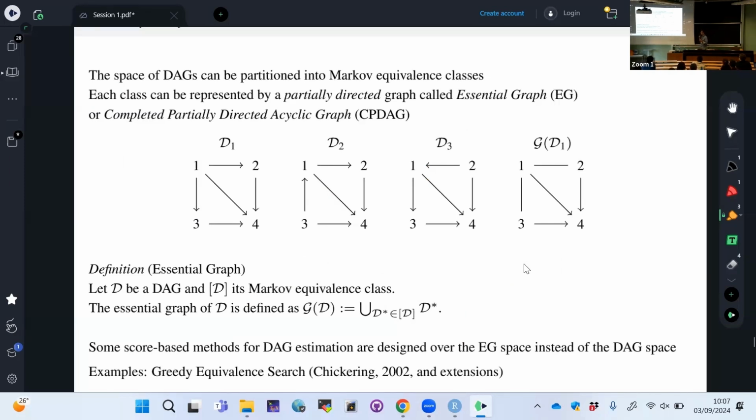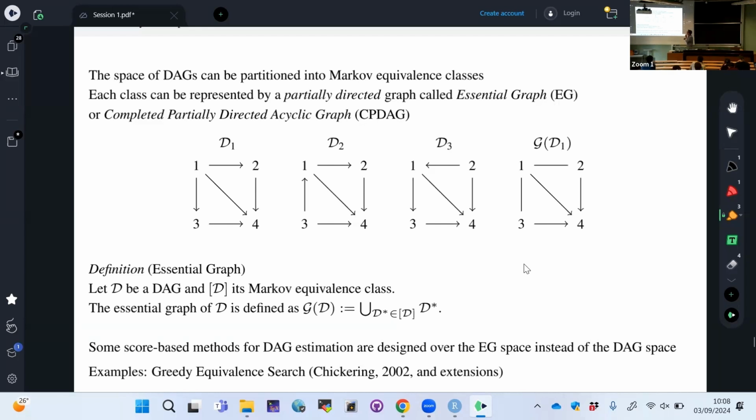It is a partially directed graph, called the essential graph, or also completed partially directed acyclic graph, CPDAG. This is particularly common in the machine learning community, while essential graph is more statistical. It was introduced by Andersson, Madigan, and Perlman in a paper at the end of the 90s.